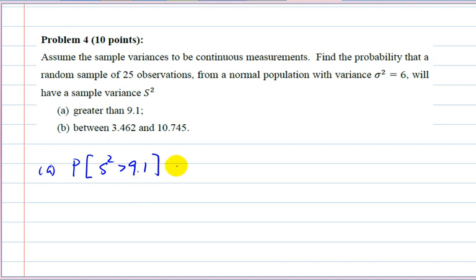In class we mentioned that calculating this probability is equal to calculating the probability of this. Essentially it's a linear algebraic manipulation: you multiply s squared by n minus 1, and then divide both sides by sigma squared.